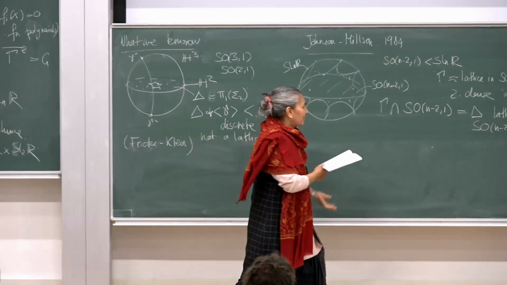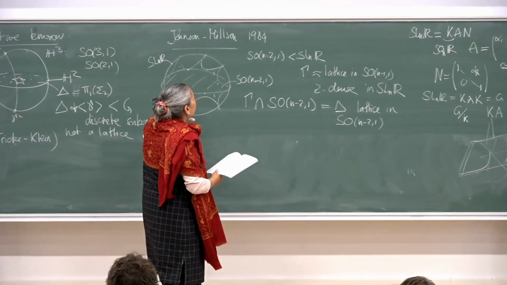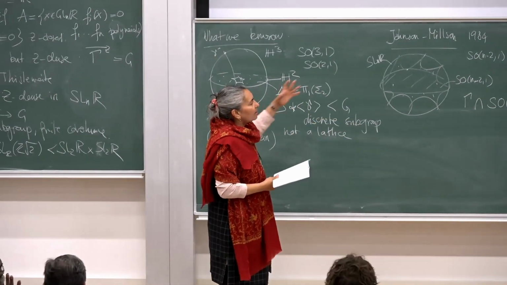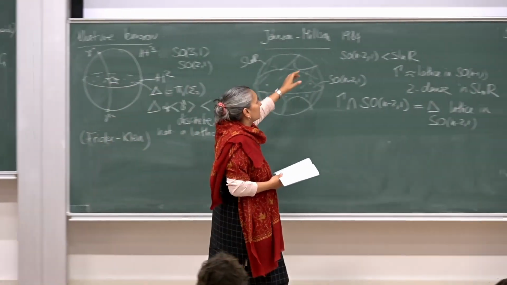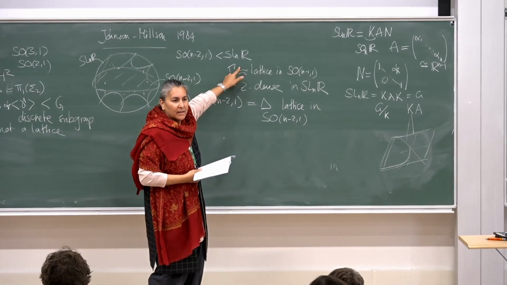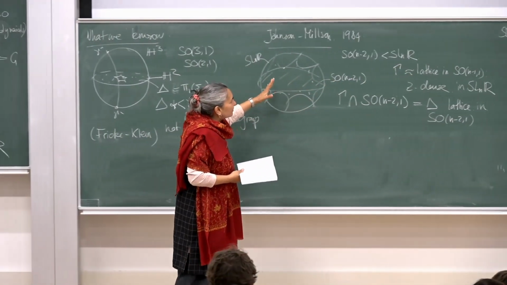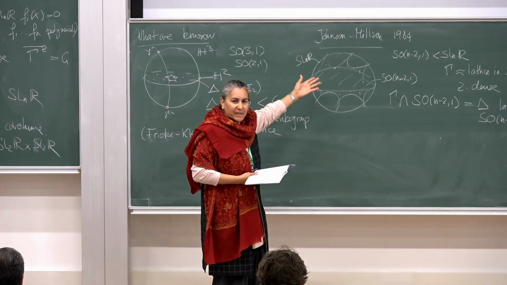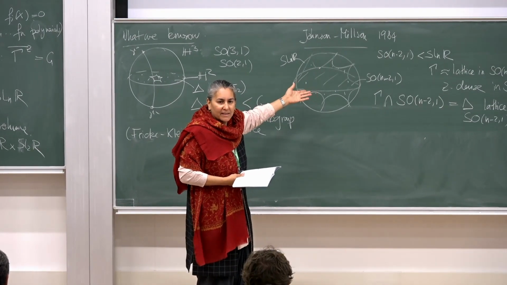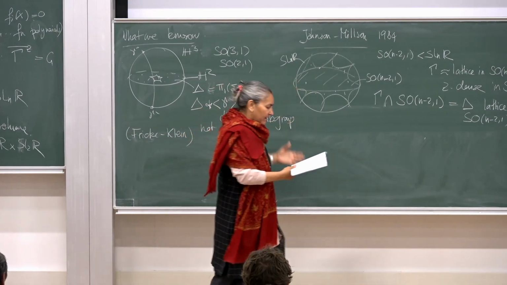Okay. So already here we see a little bit of higher rank appearing because SL_n(R) is higher rank, and we have this lattice which is rank 1 because SO(n-1,1) is a rank 1 group.